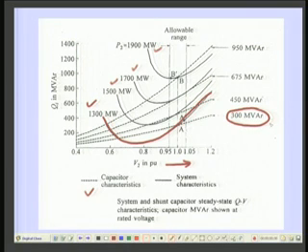If you plot the voltage versus the reactive power injected for this capacitor, its shape is going to be a parabola, because as the voltage increases, the reactive power increases proportional to the square of the voltage, right. Therefore, let me just take one particular characteristic.